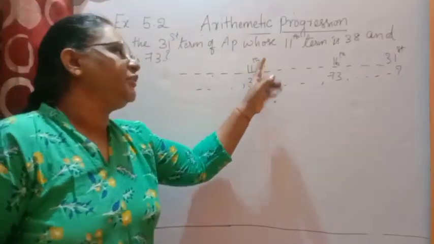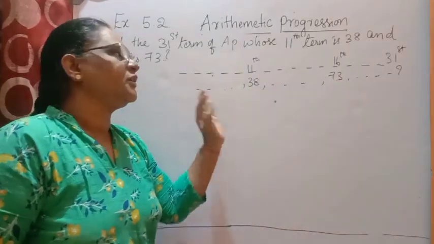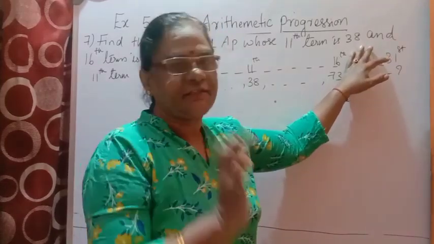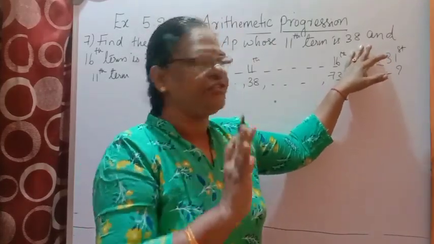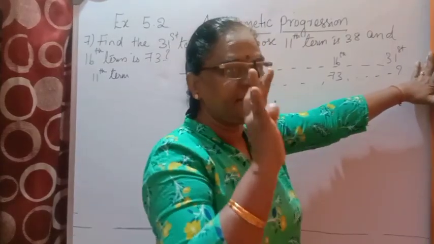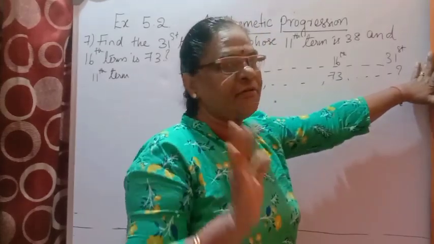So if you take only 11 terms, the value of n becomes 11 only, is it not? If you consider the 16th term, it means the 16th term is the last term, therefore the value of n becomes 16. If you consider the 31st term, it means this sequence has 31 terms, is it not? So here we know only the value of n, that's all.